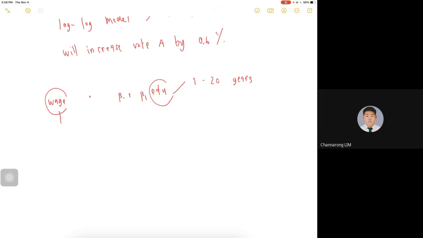But for wage, you can have it from $1 until like $1 billion, for example, which is a very wide range of numbers. And sometimes because your independent variable has a very low value, when you run regression, you will have a very long decimal or something like that in your results.